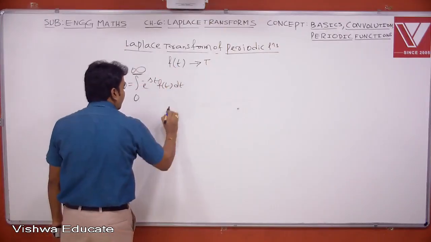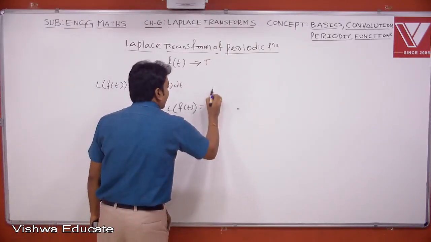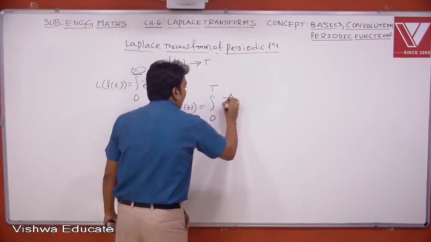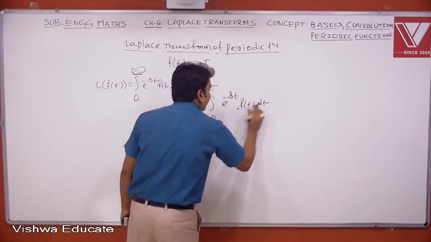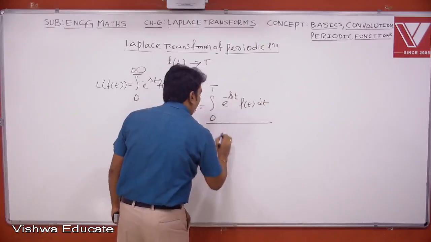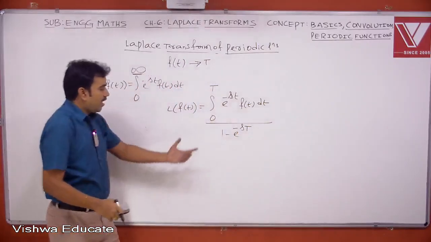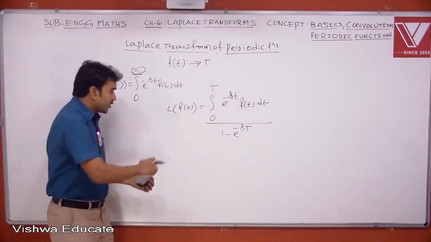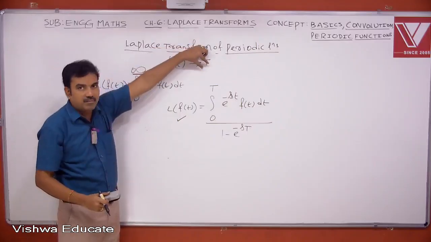In this case, the Laplace of f of t becomes the integral from 0 to capital T of e power minus st into f of t dt, whole divided by 1 minus e power minus sT. This is the Laplace transform of a periodic function with period capital T.